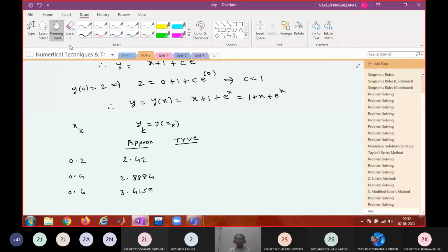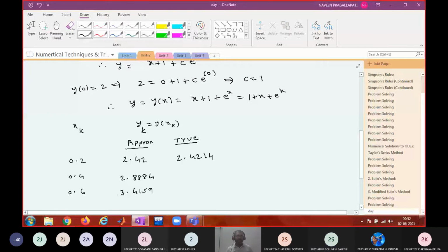Now you substitute this 0.2 here. You find out the true value. Substitute 0.4. Substitute 0.6. Using your calculator, you find out the true values. 2.4214, sir. 2.4214.